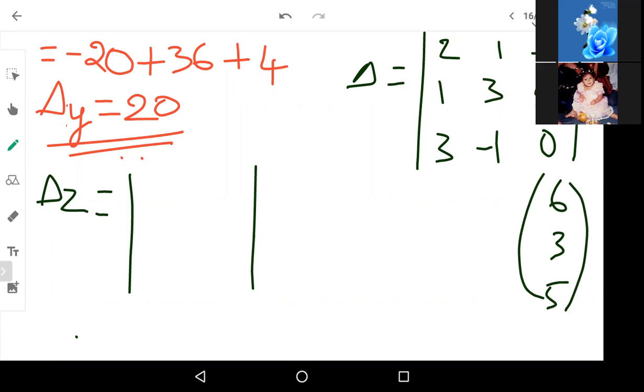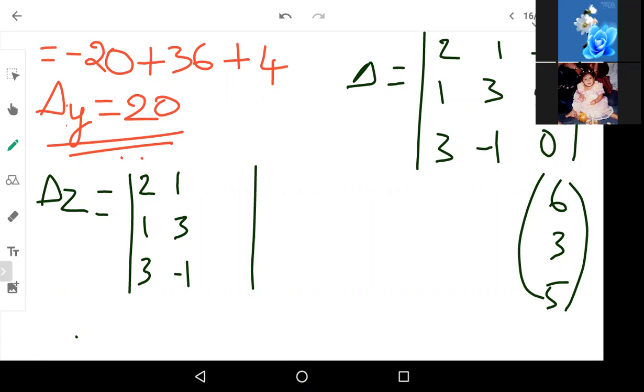Okay. Now for delta x we replaced the first column. For delta y we replaced the second column. So for delta z we have to replace the last column. Which means that the first column and the second column will remain as it is. What is there in the first column? 2, 1, 3 will remain as it is. 1, 3 minus 1 will also remain as it is.